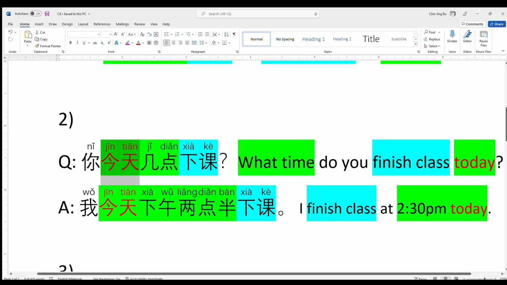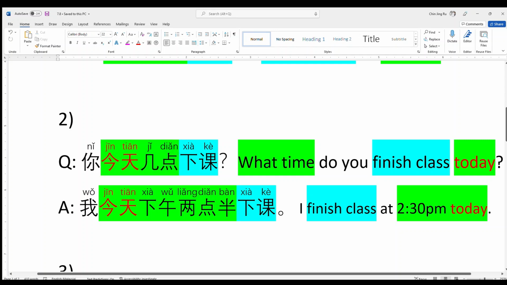You see, 1 day equals to 24 hours. So day is bigger than time. So you need to follow from biggest to smallest, dari besar sampai kecil, urutan dia. So we start with 今天 followed by 几点. This is the rule in Mandarin, yeah.